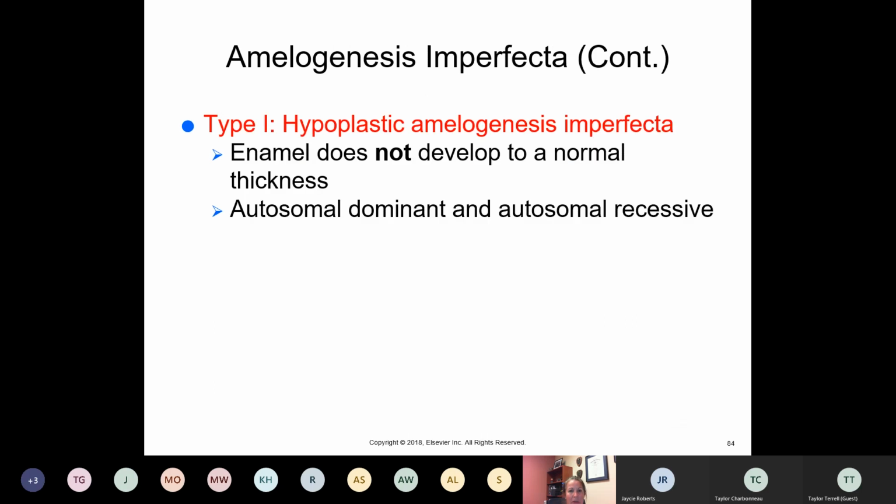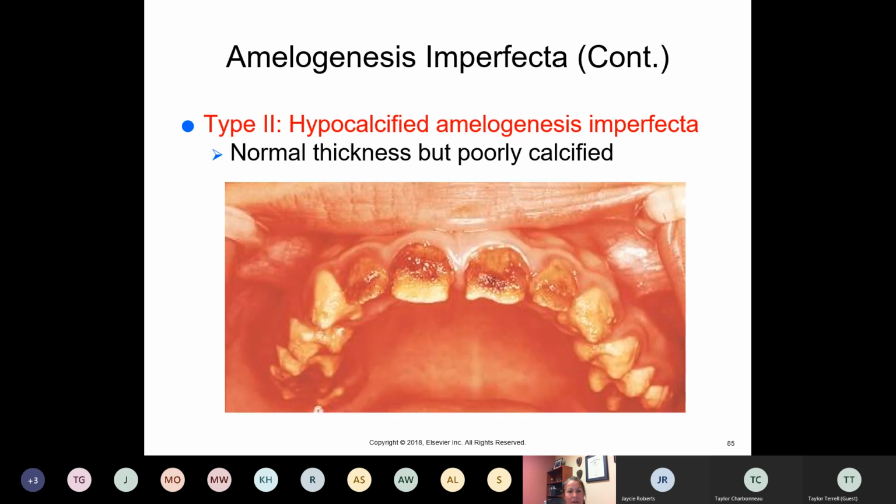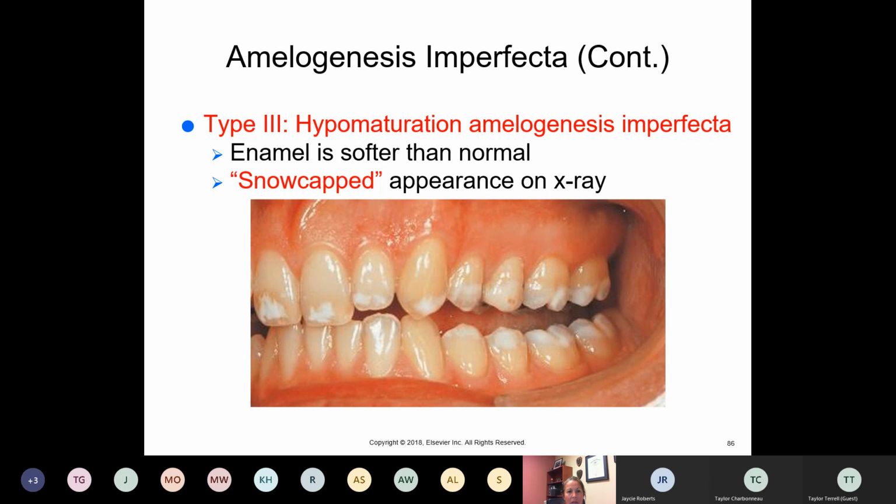There's hypoplastic amelogenesis imperfecta, which is where the enamel just doesn't develop to a normal thickness. There's type 2, which is hypocalcified, which is the normal thickness, but it's poorly calcified. There's hypomaturation, which is where the enamel is just softer than normal, and on x-ray it looks like a snow capped appearance on these teeth.